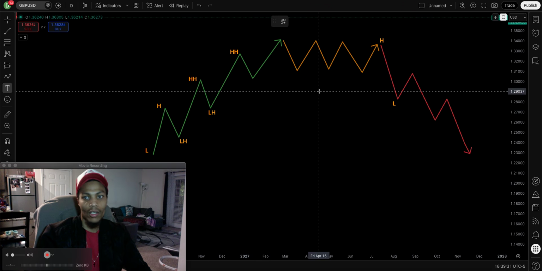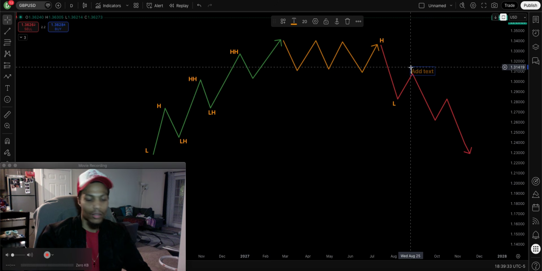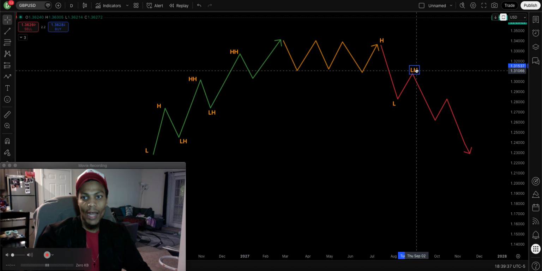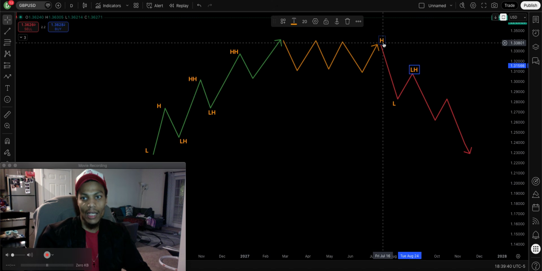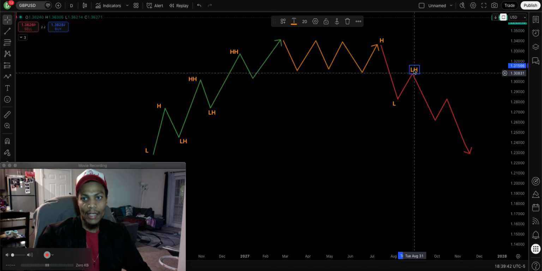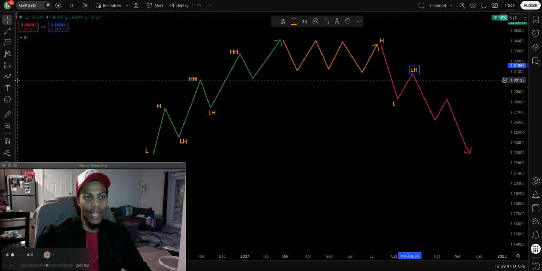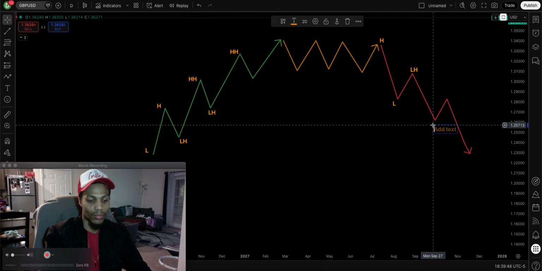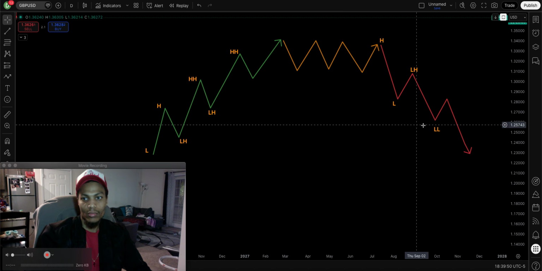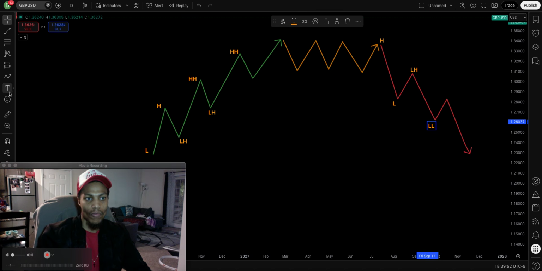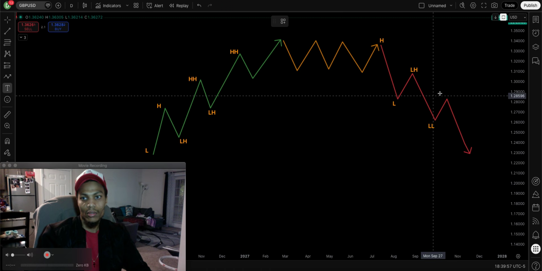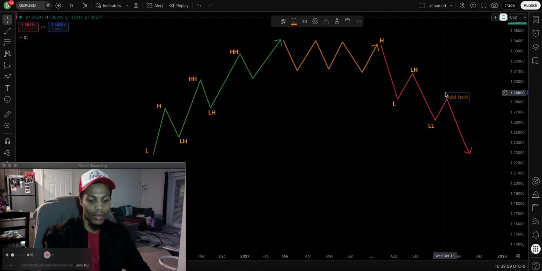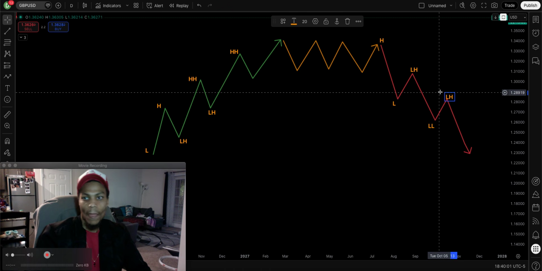And then you have a lower high. What does a lower high mean? A lower high means it failed the previous high. And then it broke this low, creating a lower low.